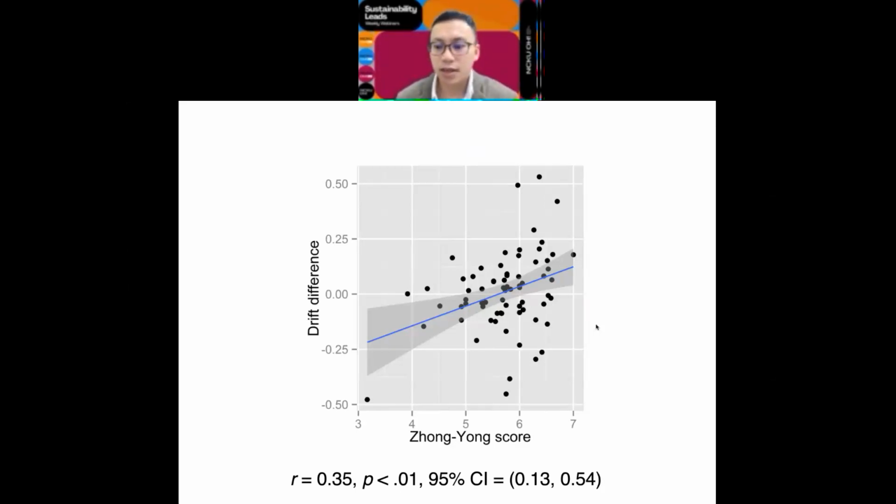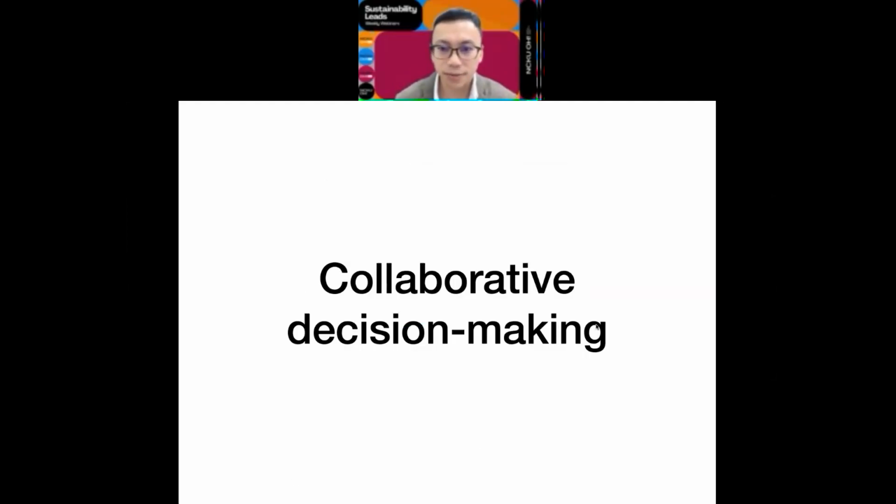And I think if we want to address individual differences, we should consider the differences in the properties of information processing. And we can also use SFT to study collaborative decision making, which means two or more people work together.